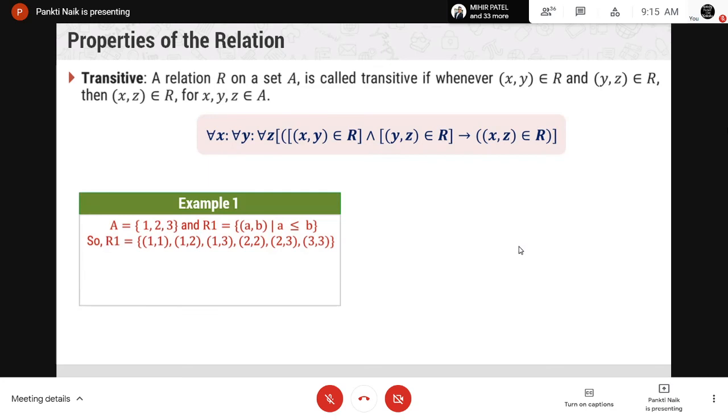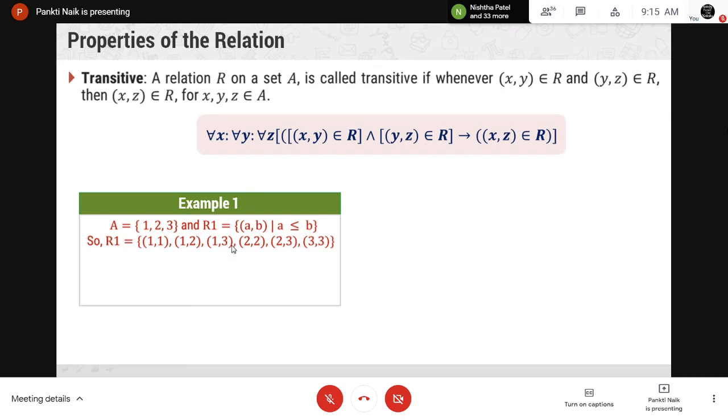So let us see one example. A is equal to {1, 2, 3} and the relation R1 is equal to (a, b) such that a is less than or equal to b, right? So relation R becomes (1, 1), because a is equal to b, so it fulfills this condition. Then (1, 2), a is less than b, so (1, 2) is also a member of relation R1.